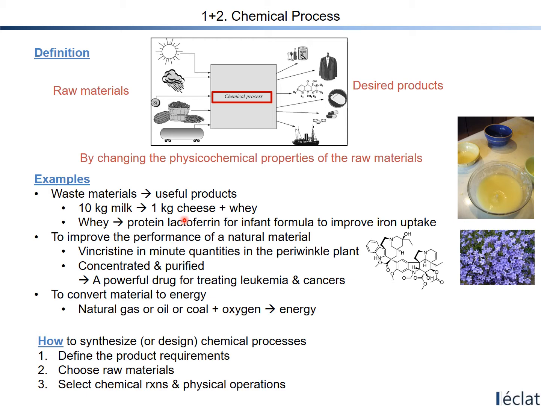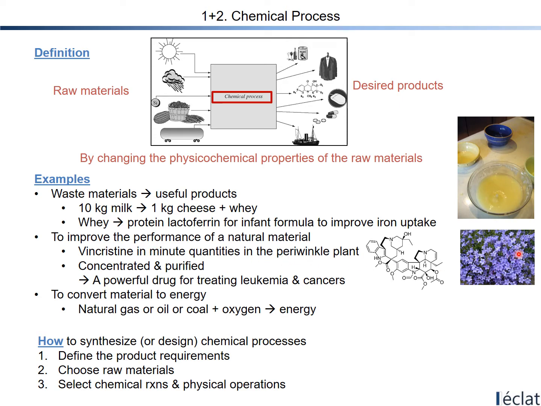The other thing, vincristine. I'm not accustomed to this chemical, but it looks like this, a very complicated structure. A very small amount of vincristine is found in the periwinkle plant.